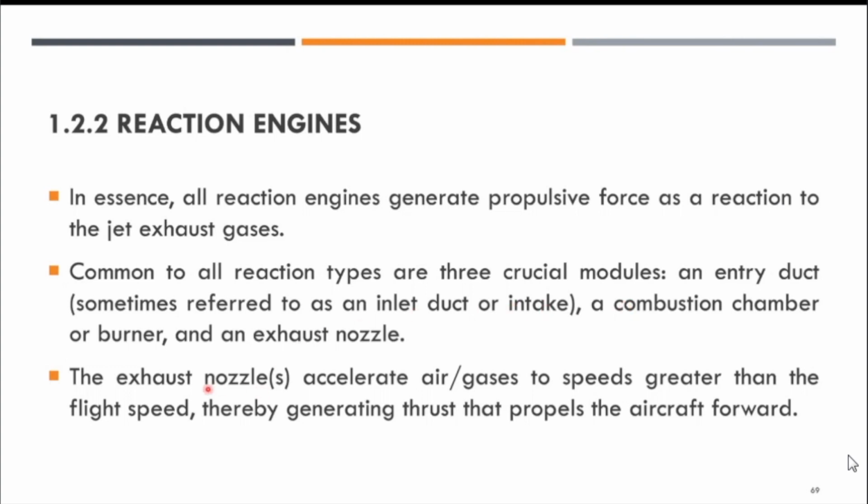So this exhaust nozzle will accelerate the air or gases to speeds greater than the flight speed. Okay, that's why it will generate thrust, which then propels the aircraft forward.